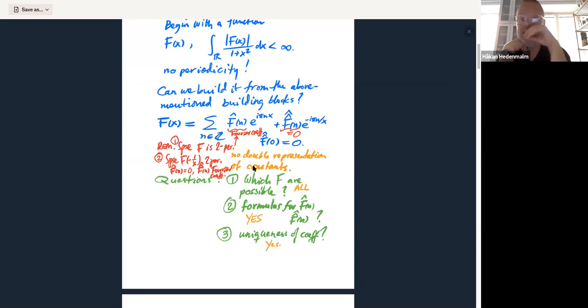The only slight issue is the possibility of double representation of constants, so you need to remove that, and then you need the second coefficient, the double hat f at n, to be 0 when n is equal to 0. Okay? So that's the condition. So this red thing here, that it should be equal to 0, is only when n is equal to 0. Okay?